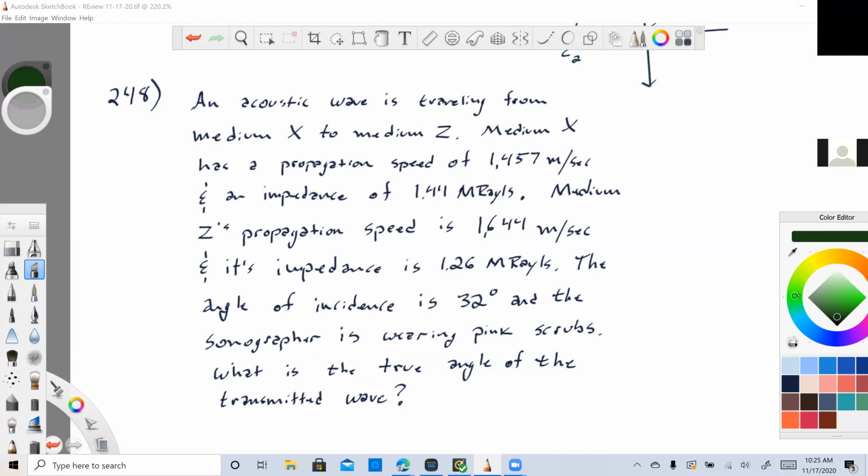I'm guessing we can get rid of pink scrubs. What is the true angle of the transmitted wave? Once again, the word true is just thrown in there to mess with you. What is the angle of the transmitted wave? Okay, so they're asking about refraction.